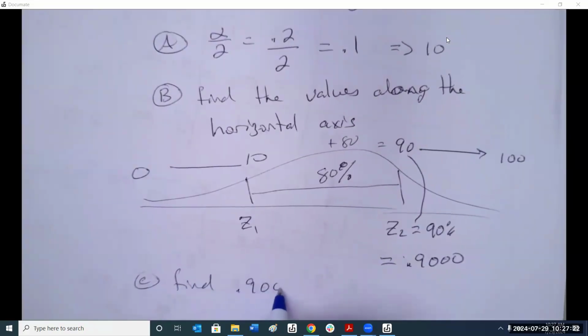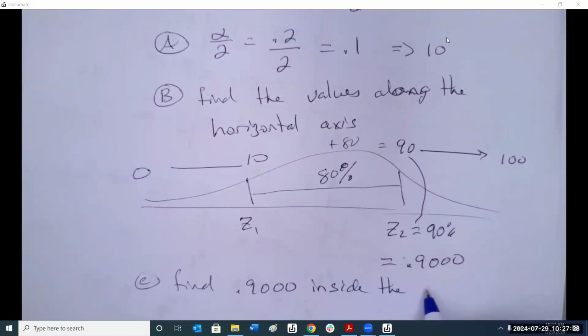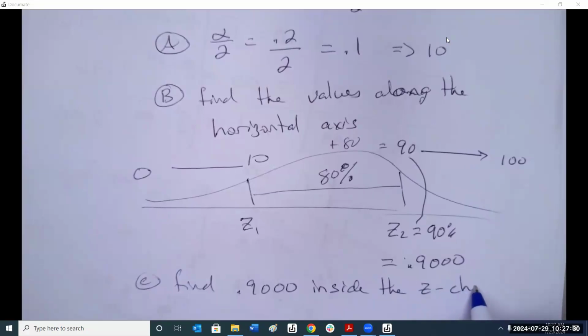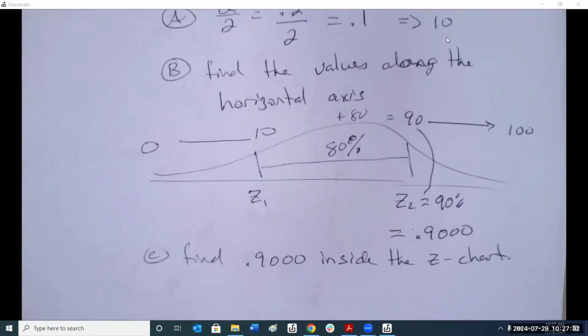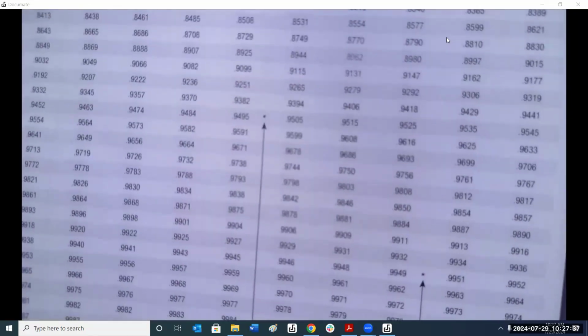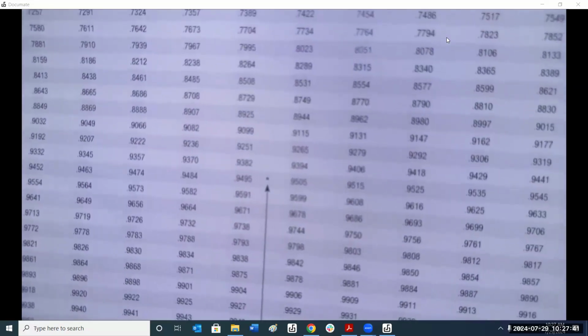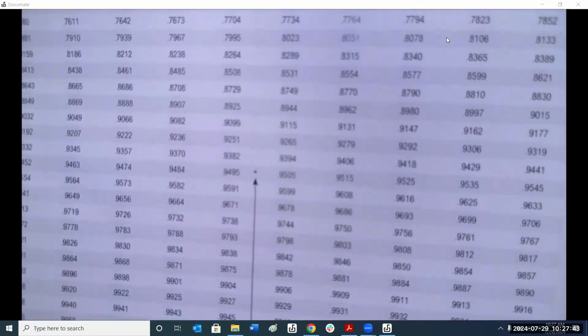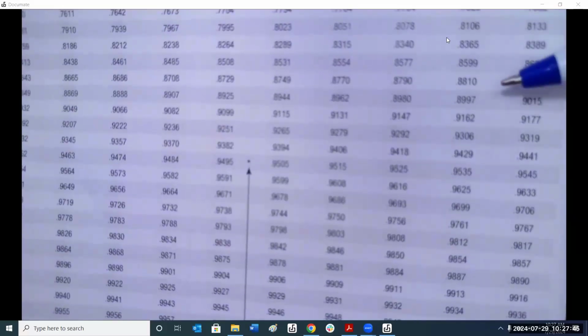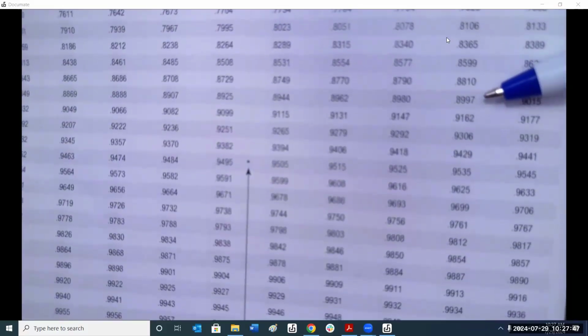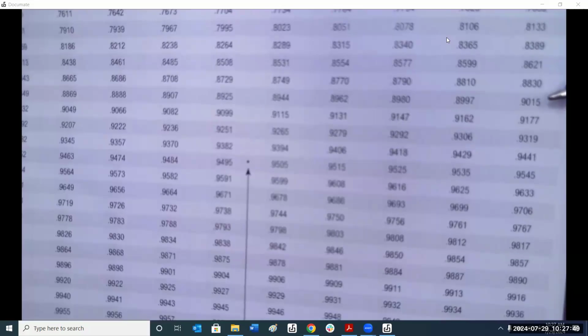Find 0.9000 inside this Z chart. So 0.9000. Here we have 0.8997, 0.9015.